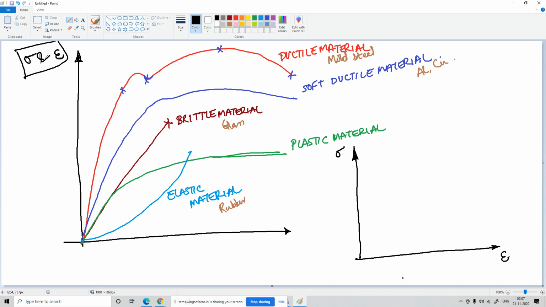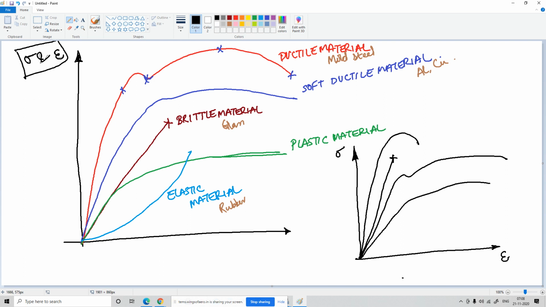One goes to a very high peak and then steeply falls, one is just a straight line and breaks, one has a curve and then breaks, and one goes slightly like this.